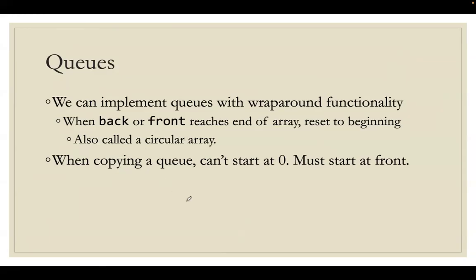So in that way we could have sort of this sort of thing where maybe this is the front, this is the back. There's all sorts of ways we can do it.